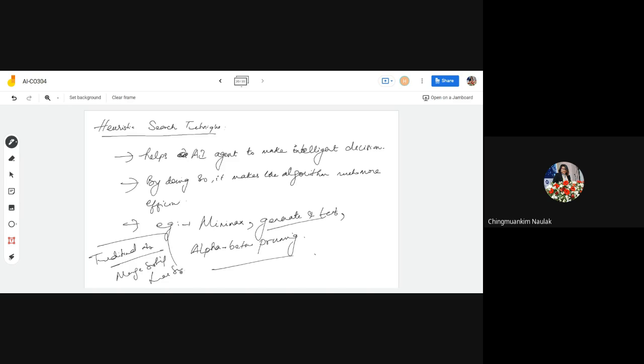So how is it different from this kind of algorithm? In an AI algorithm you can apply decision making, but in the case of a traditional algorithm you cannot apply it, right? And also we're going to study how AI algorithms make use of heuristic techniques in the upcoming lectures.